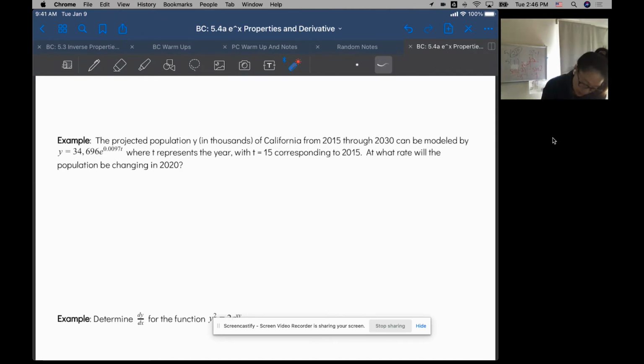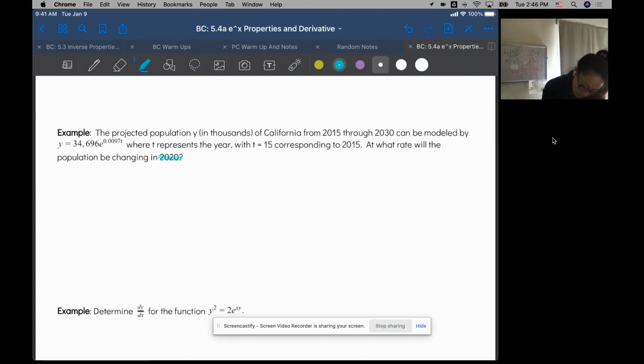Okay, so right away, I'm like 2020, that is t is equal to 20. I'm just going to write it so I don't forget right now. Okay, and it's a population, the rate of the population changing. So I know that was going to be dr dt, or y prime, it's the derivative.